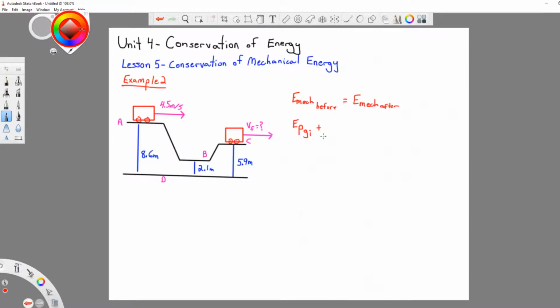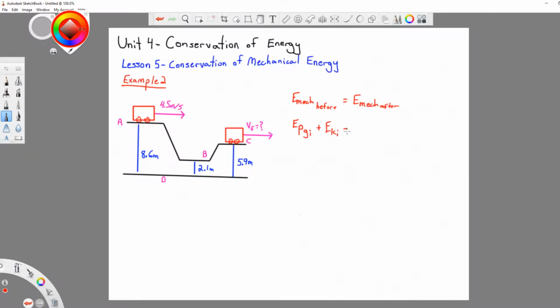We're also going to have some kinetic energy because whenever we have velocity, we have kinetic energy. So energy kinetic initial. Also, I should forewarn you, if you have a small sheet of paper, write small because there's a lot of numbers to move around here.